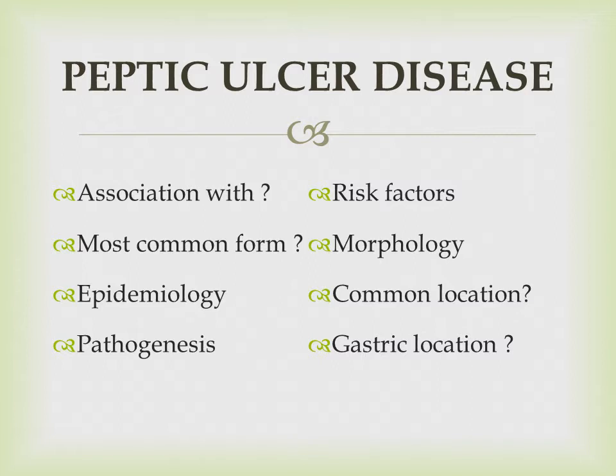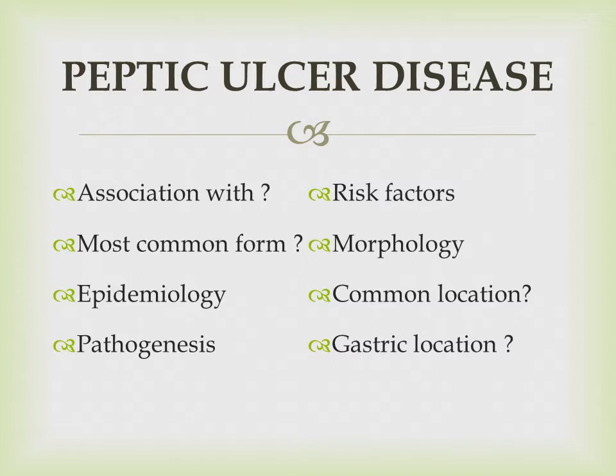Because it arises as a result of chronic gastritis, and as the name makes evident, there is ulceration. So it is a chronic ulceration that affects either the stomach or the duodenum.